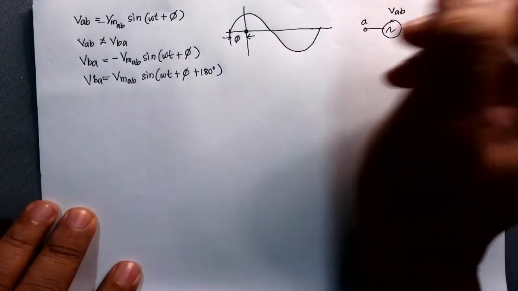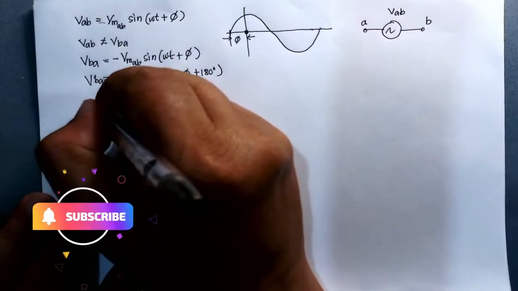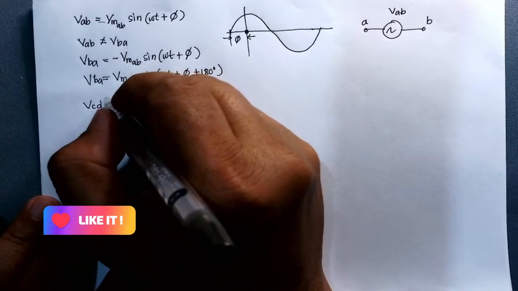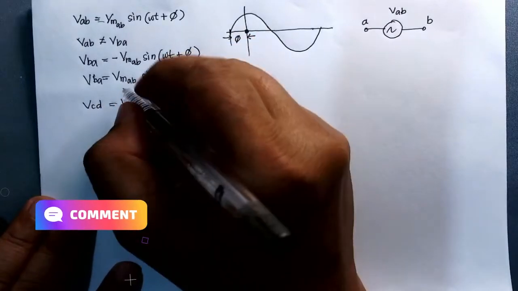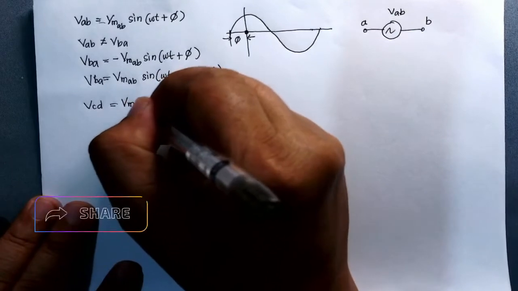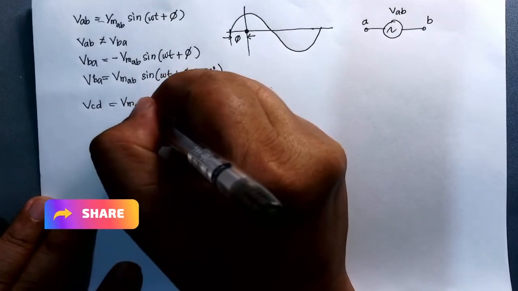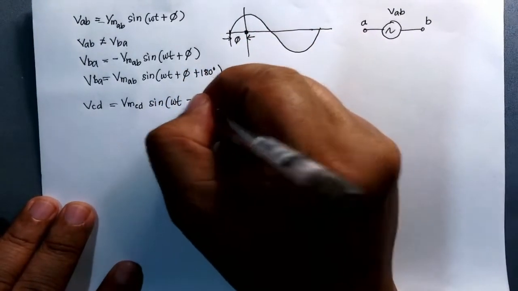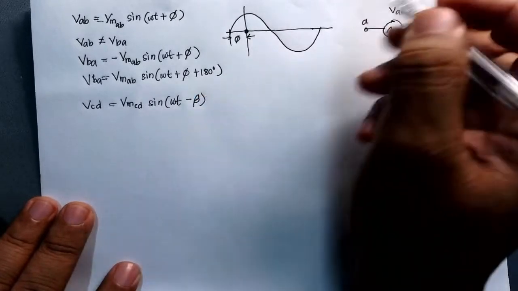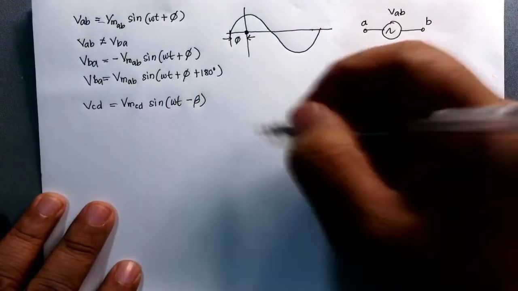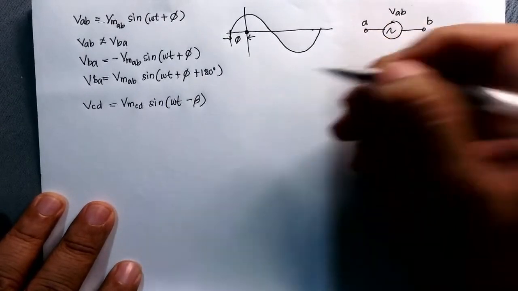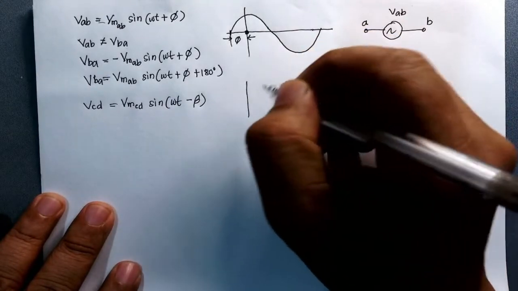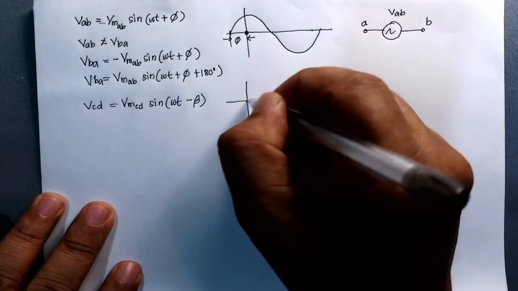Okay, so now let's have another source which is V sub CD. Again, the general representation is the maximum value of the voltage at points C and D times sine, again omega t, but at this point let's have the negative beta, or negative angle. So what will be the graphical representation in the XY plane?